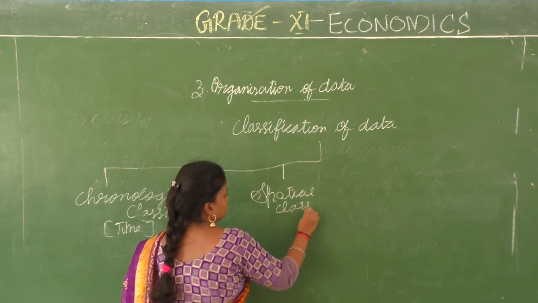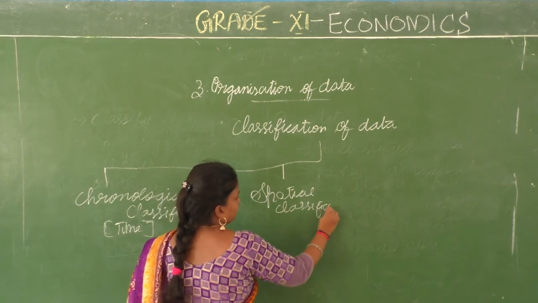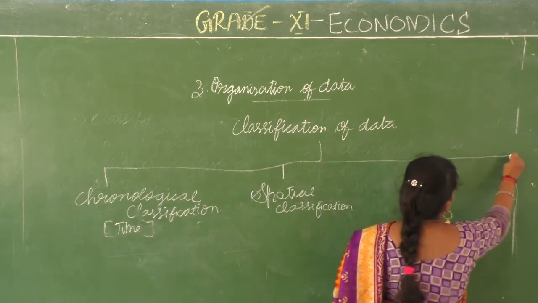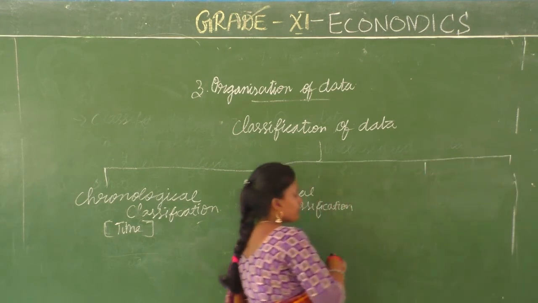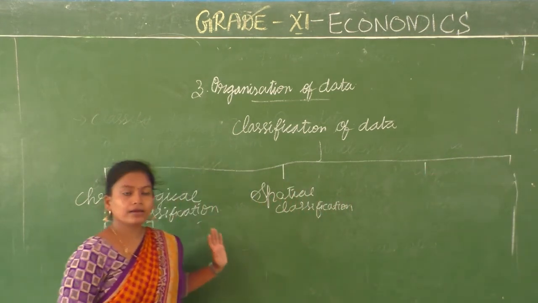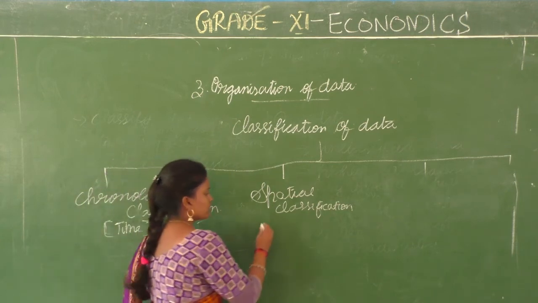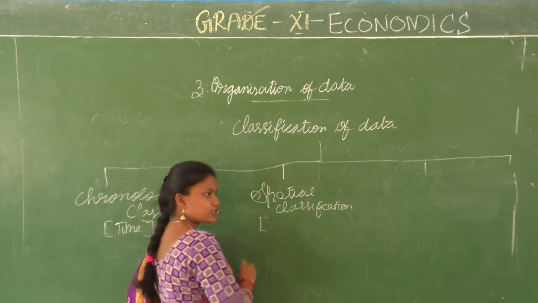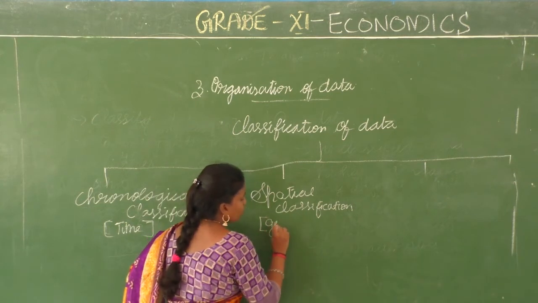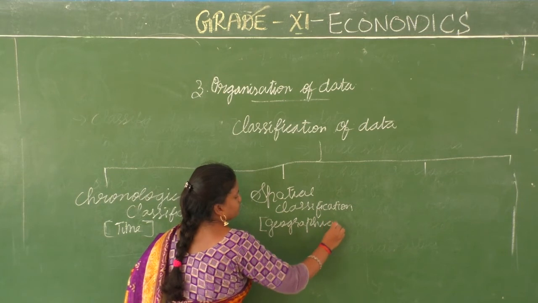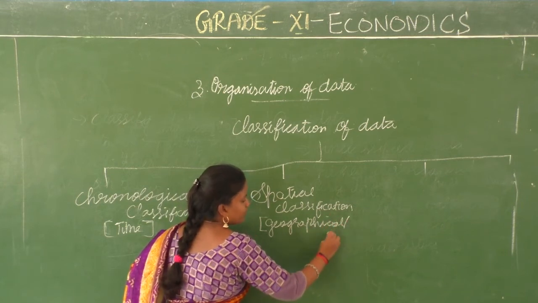The second kind of classification is called spatial classification. What is the second kind of classification of data? Spatial classification of data. It is actually based on the geographical location, or we say place.